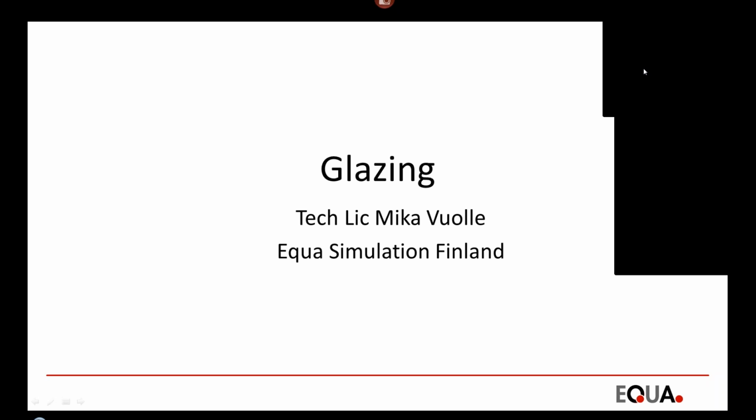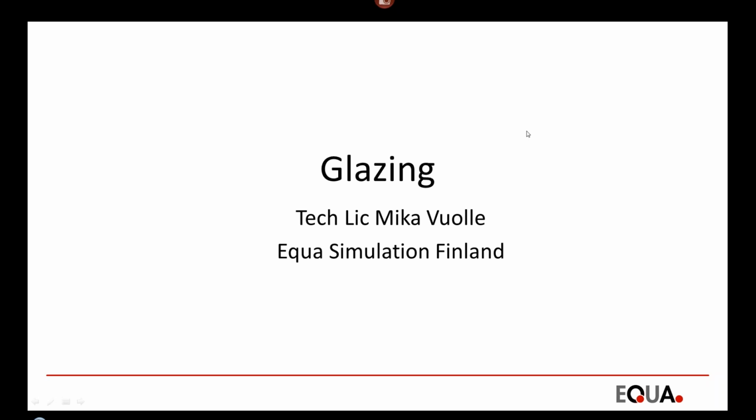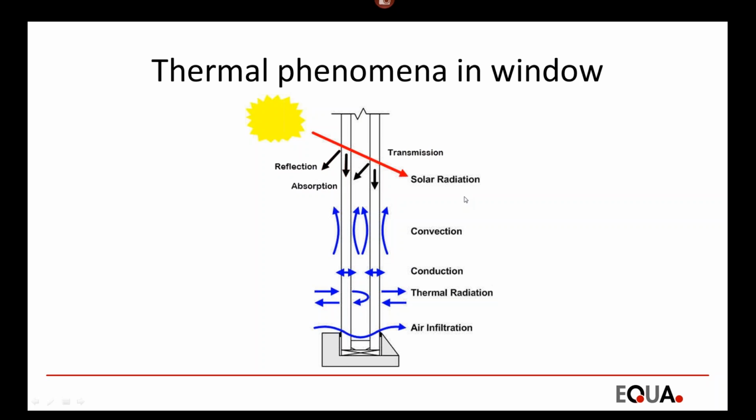And the window itself is quite complex. There are lots of thermal phenomena going on in the window glazing. On the left hand side there is a sun, and you can see the red arrow, which is the solar radiation. Part of the radiation is reflected from each pane, and part of that radiation is absorbed into the panes.